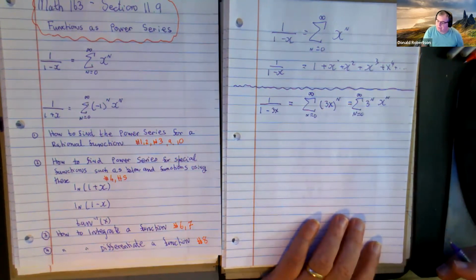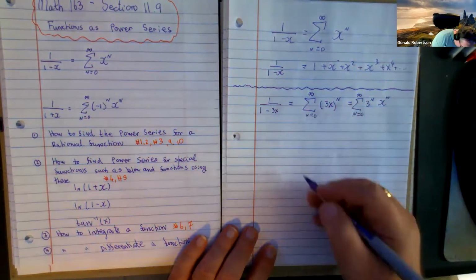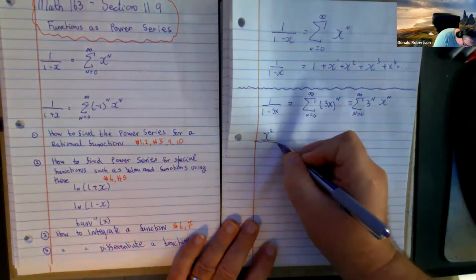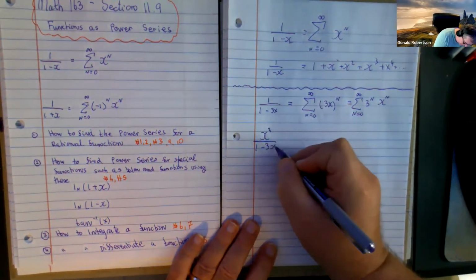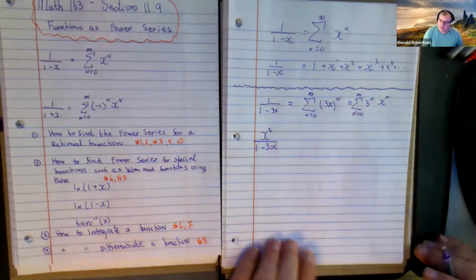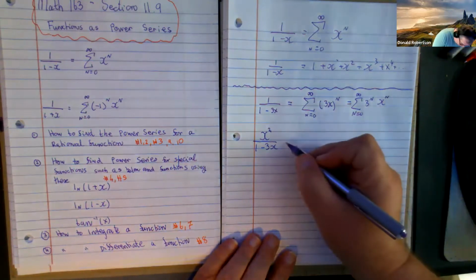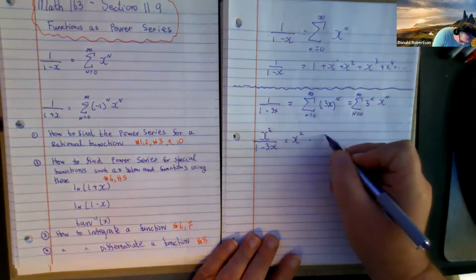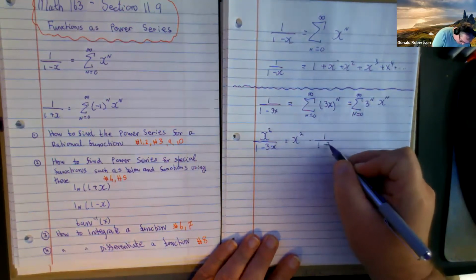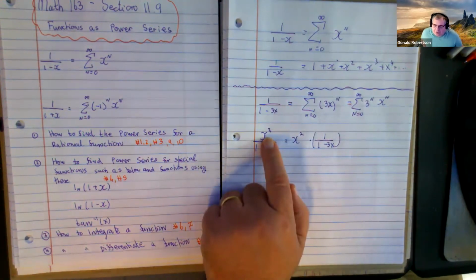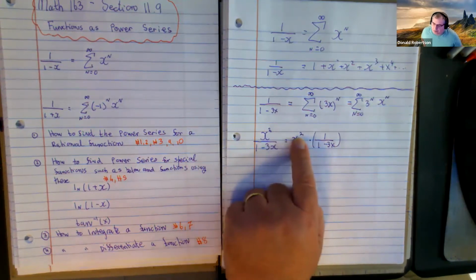We got that? Now, let's take this guy and make it an x squared, and we'll keep the bottom the same. So I now want to find the power series for this fraction. Well, first thing you do is you split it into two pieces. Anything on the top, so if the top was x cubed, 5x, things like that, put it on its own.